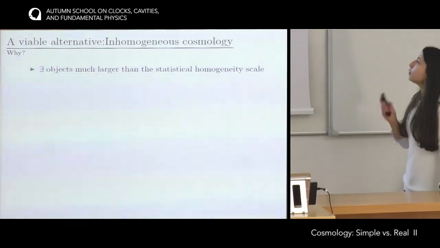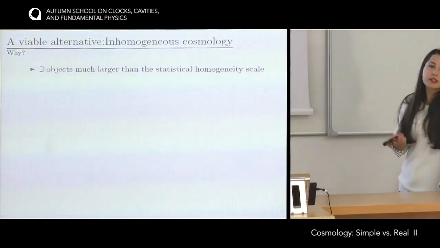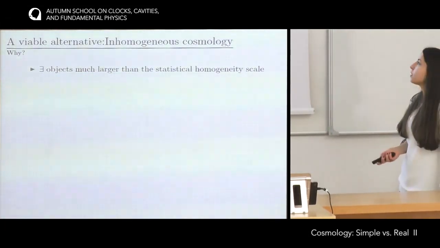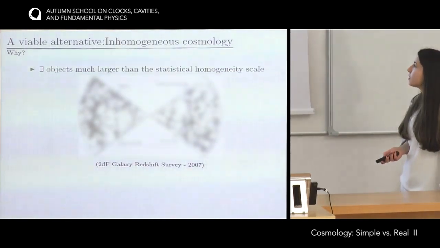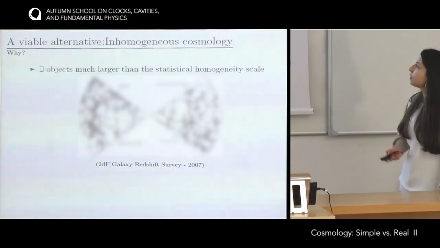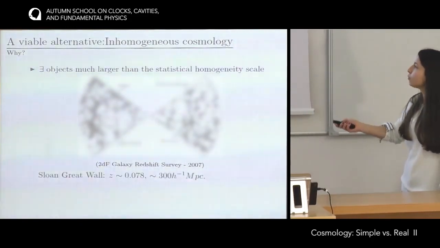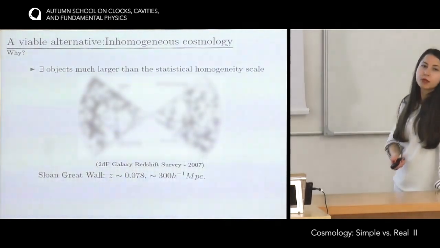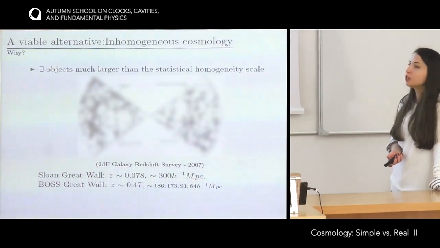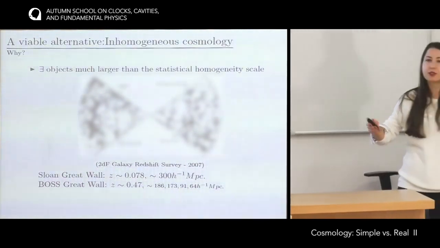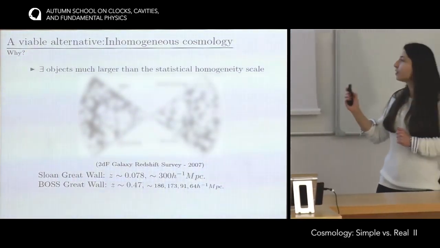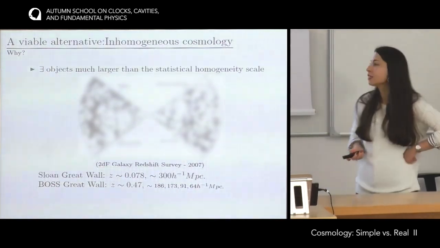So yeah, I was saying that there are objects larger than the statistical homogeneity scale, which is roughly 100 megaparsecs, as I said. For example, this is from the 2-degree field galaxy redshift survey, and you see the Sloan Great Wall is around 100/h megaparsecs, and then we have the BOSS Great Wall, which has 4 small structures, not small really, 186, 173, 91, and 64/h megaparsecs.